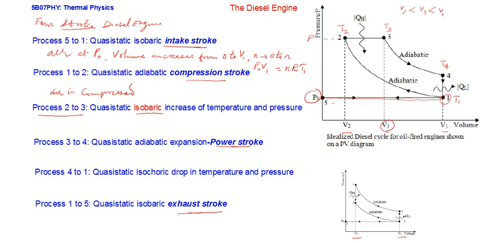And remember, the compression will occur in such a manner that the temperature of the air will be raised to very high values. What is the final temperature as per the diagram? T2. So from T1, the temperature will rise steadily to T2 during the compression stage, and this T2 will be well above the auto ignition temperature of diesel.